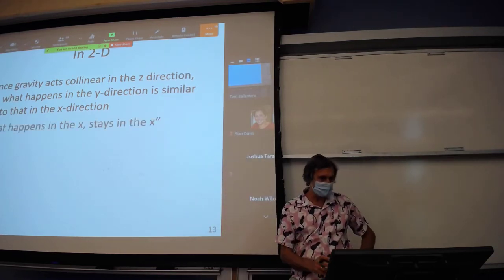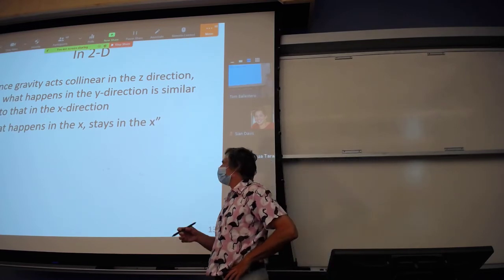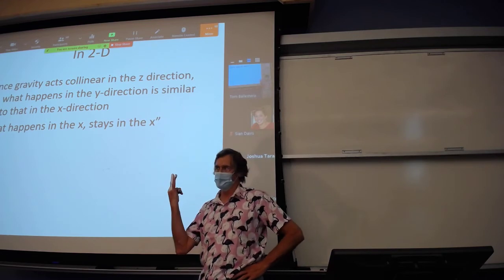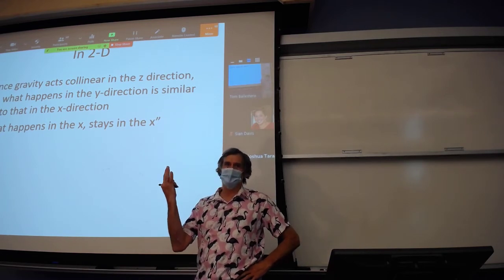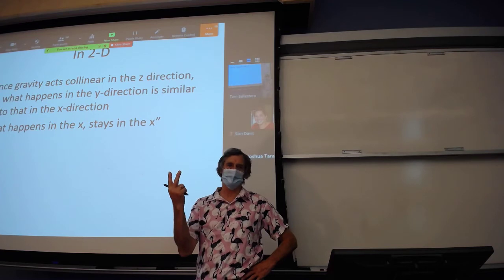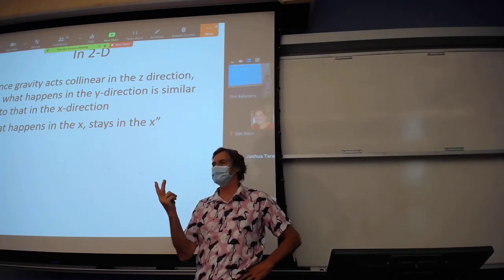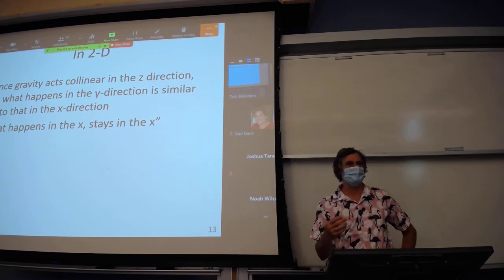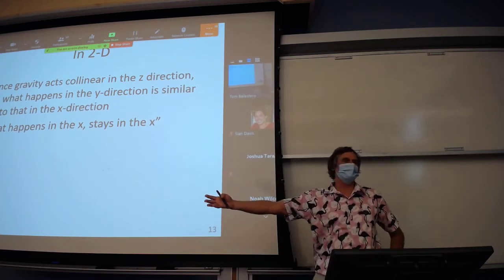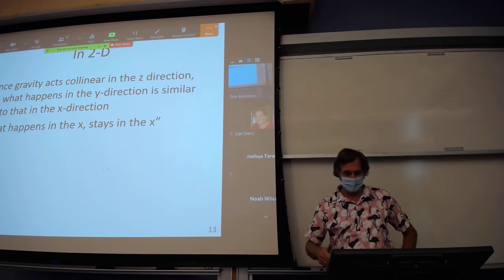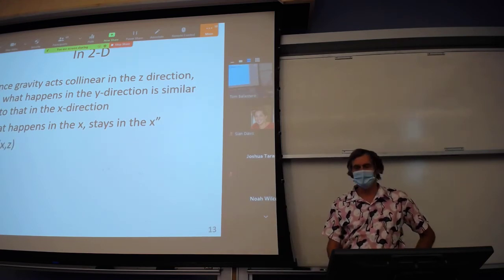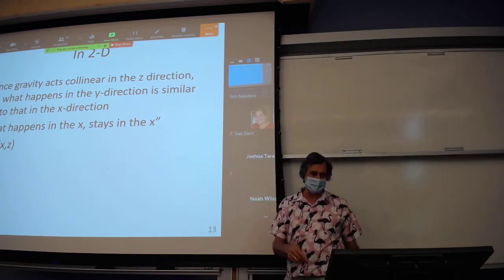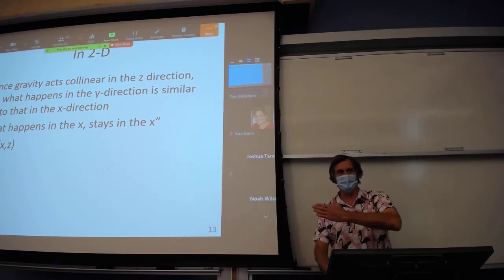So instead of a three-dimensional derivation, X, Y, and Z, we can look at a two-dimensional derivation, X and Z, or Y and Z. And once we find out what happens in the X, we can just say by analogy, except for the subscript, the same thing is happening in the Y as the X. So instead of P as a function of X, Y, Z, right now we're just focusing in two dimensions, looking at the X and the Z direction, horizontal and vertical.